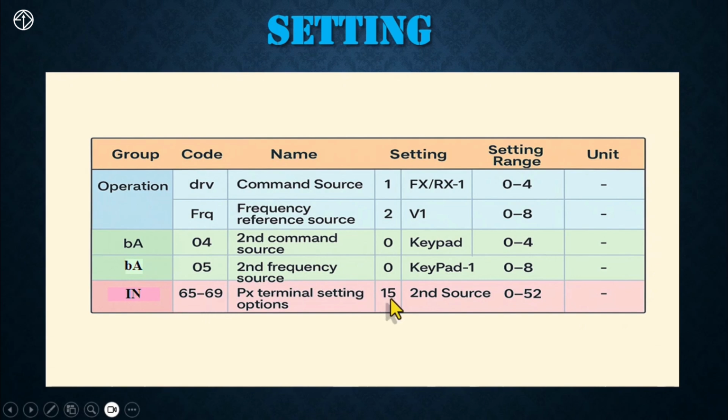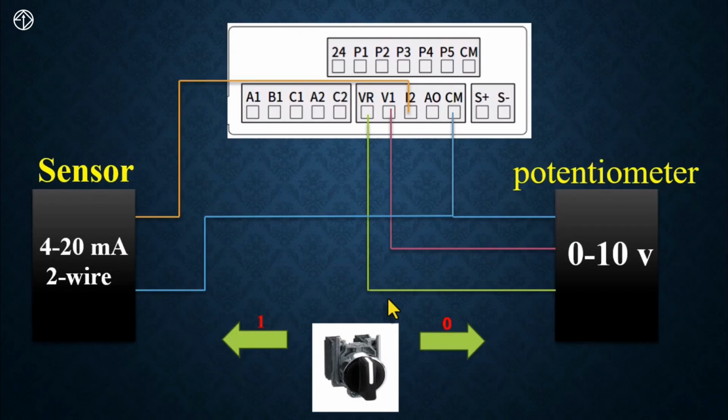So, the parameters for frequency and start-stop reference in local mode are DRV and FRQ, and in remote mode they are BA04 for command source and BA05 for frequency source. If we want one of the digital inputs to enable or disable the remote, we set one of the digital inputs to value 15.